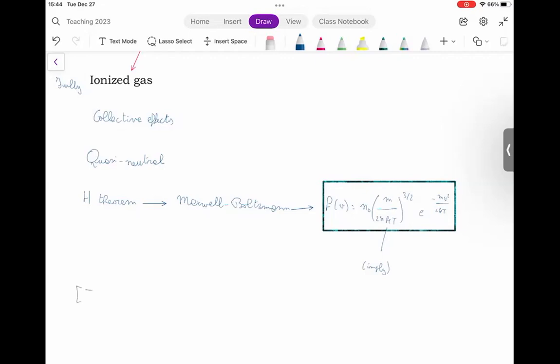My units for temperature are actually going to be electron volts, which correspond, and I'll let you verify that as an exercise, to 11,604 Kelvin.